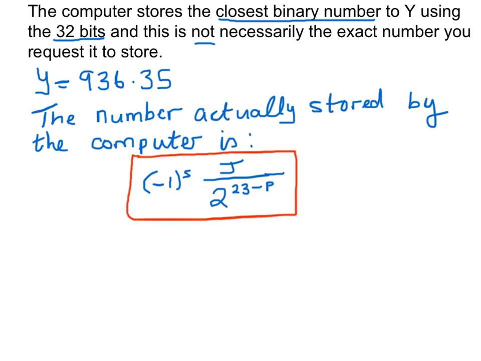We can work that out for our particular example, because the value for s, remember, was 0, so that part just turned out to be a 1.